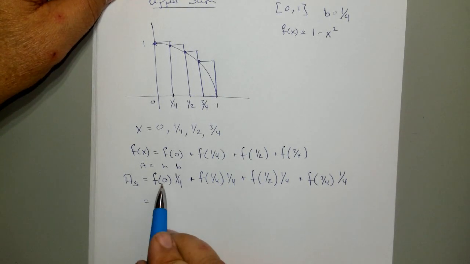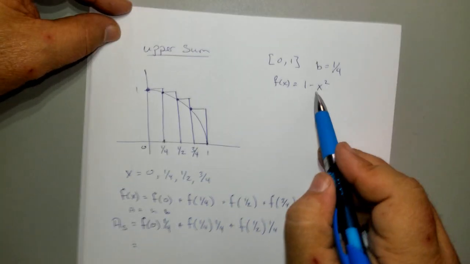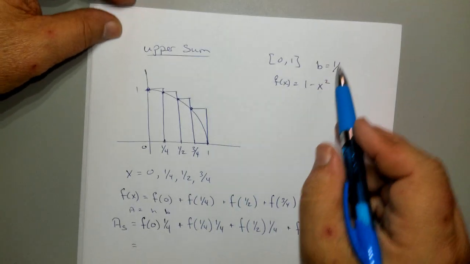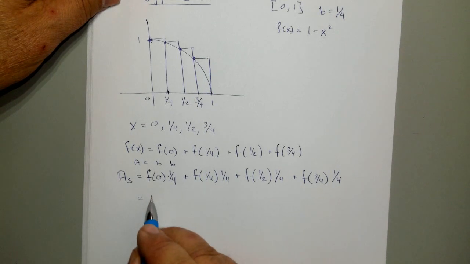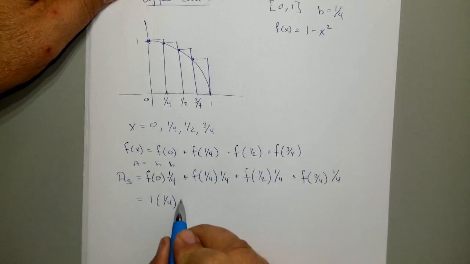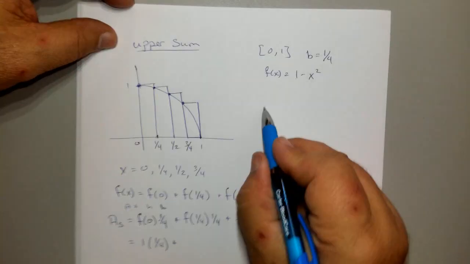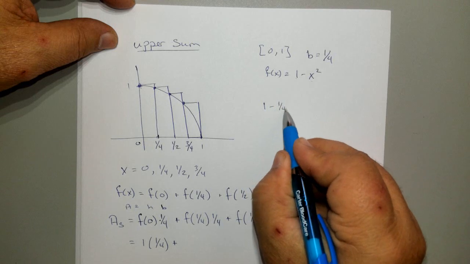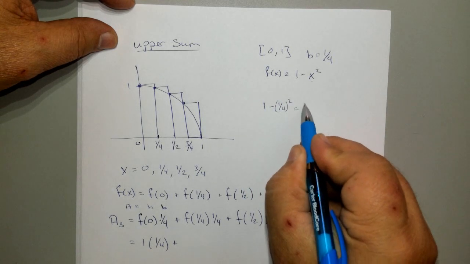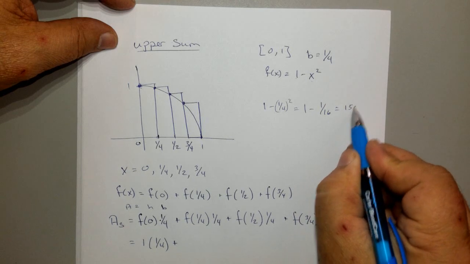So at 0, what's our function? 1. X is 0, 1 minus 0 is 1. At 1/4, we have 1 minus 1/4 squared, 1 minus 1/16, which makes it 15/16.